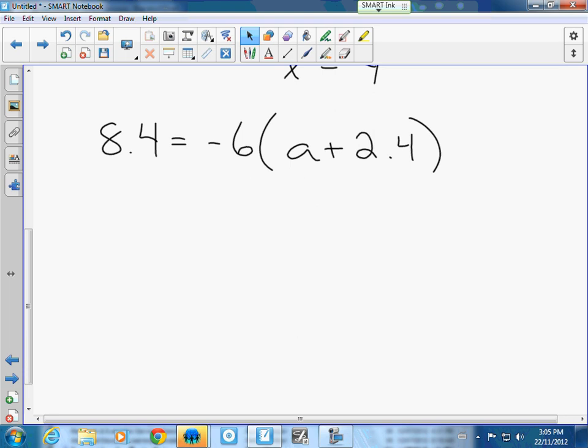And then probably a division is the last thing. Treat it just like it's a variable, right? Treat it just exactly the same way. The only difference is instead of an x, it's an a.